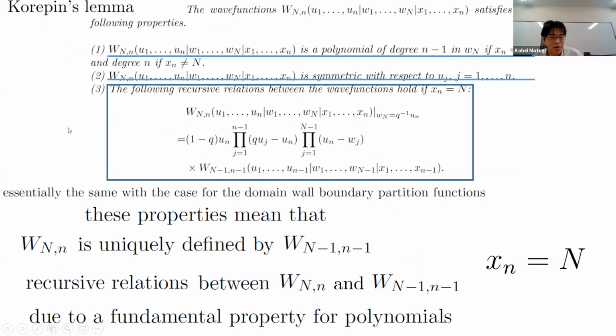And these 3 properties imply that this W large N small n is uniquely defined by this smaller partition function, W large N minus 1, small n minus 1.